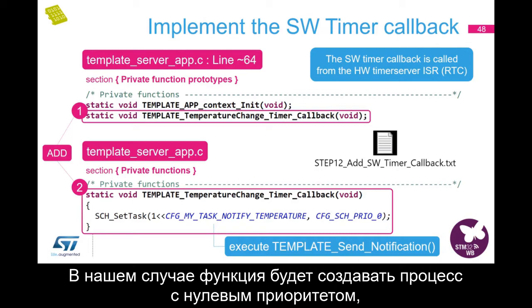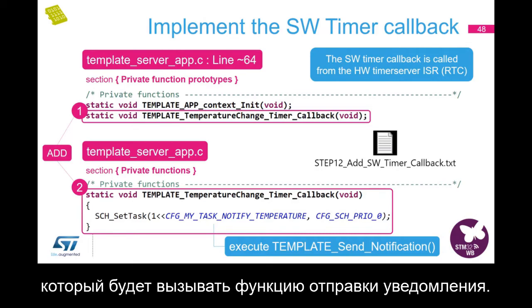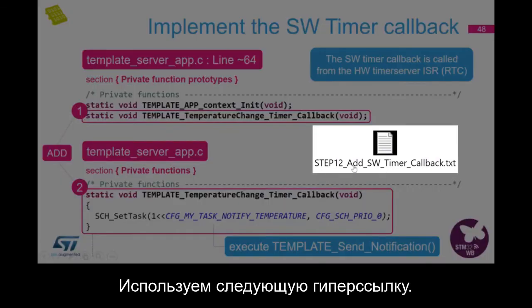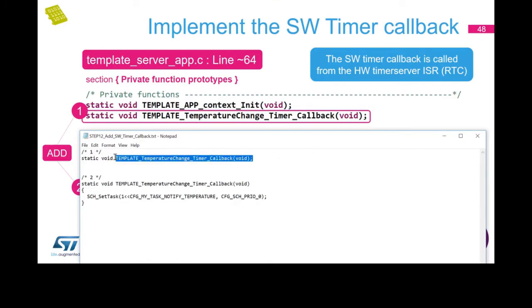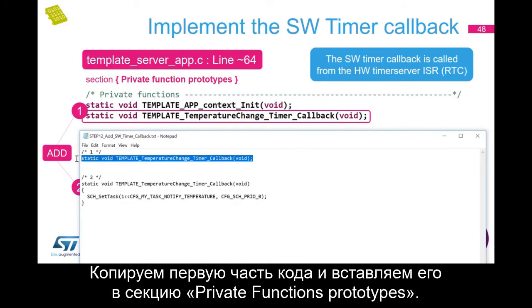In this case, it's going to schedule a task which is going to call the config notify temperature with a priority of 0. So if we go into our next hyperlink, we're going to add that into our private functions prototypes.